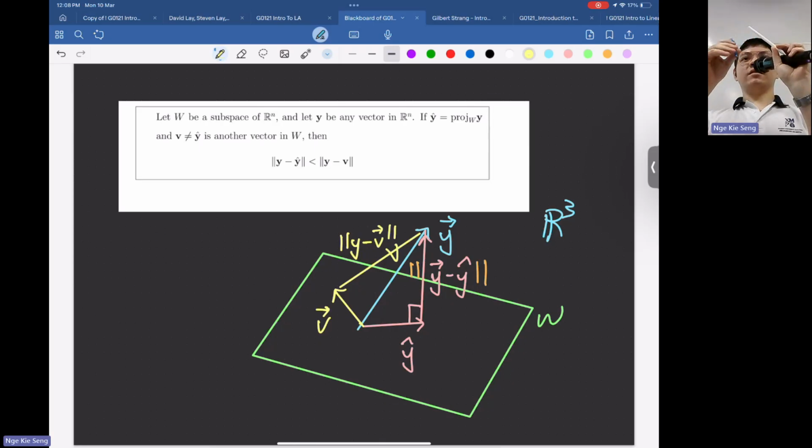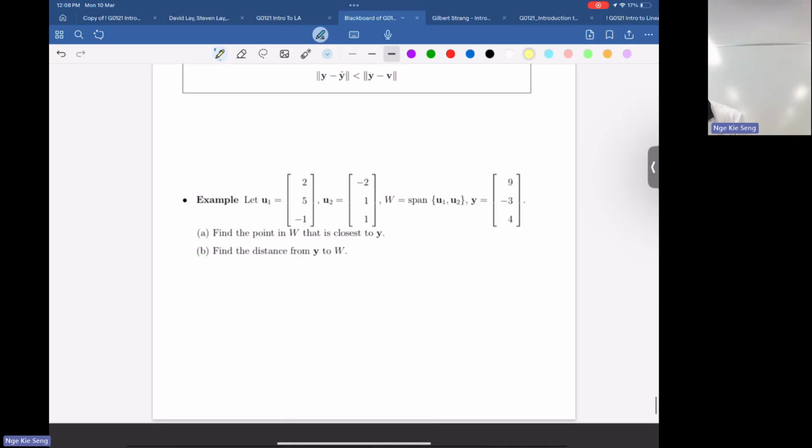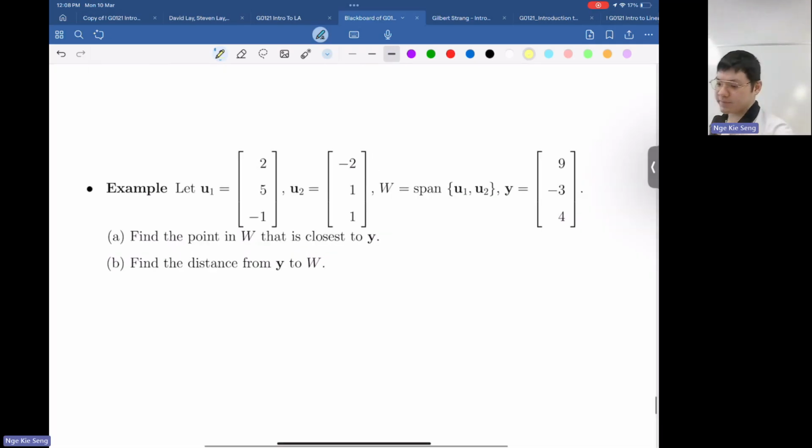Does it make sense? Okay, good. If you don't agree, take two pens and play around with it. We won't go through the technical details, but at least you need to know the concept.